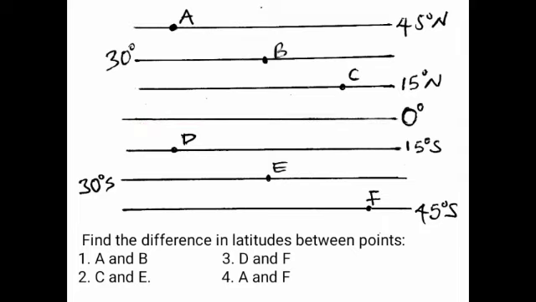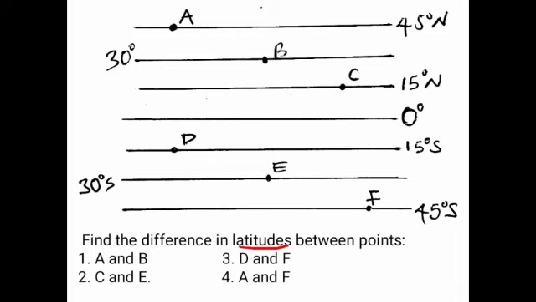Now, that being said, the question is asking us to find the difference in latitudes between points A, B, C, D, E, F, and we have been told to find, the first one is the difference between the points A and B, the difference between C and E, the difference between D and F, and the difference between A and F. So I'll start with question 1.